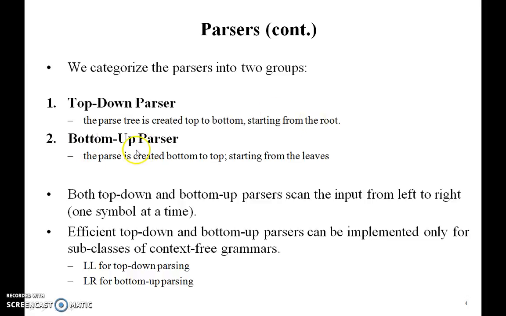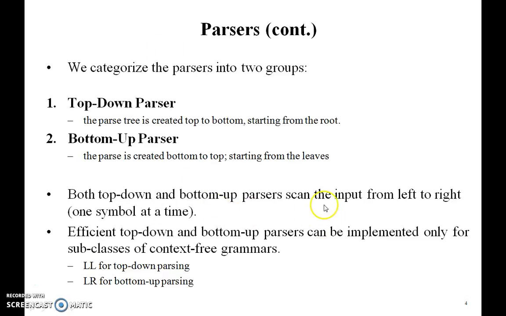Another kind of parsing method is the bottom-up parser. It is the reverse of the top-down parser. That is, the parse tree is created from the leaves, bottom to top, starting from the leaves. These two methodologies are very popular inside compiler design. Some compilers may prefer top-down parsing methodologies, and some advanced compilers may prefer bottom-up parsing algorithms.